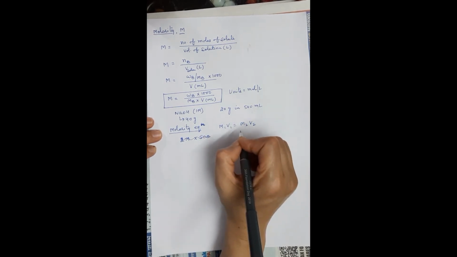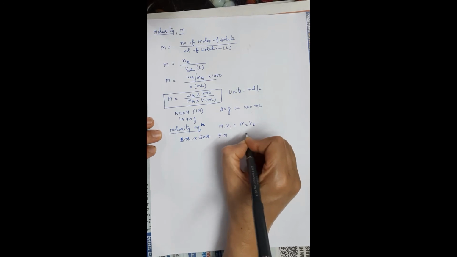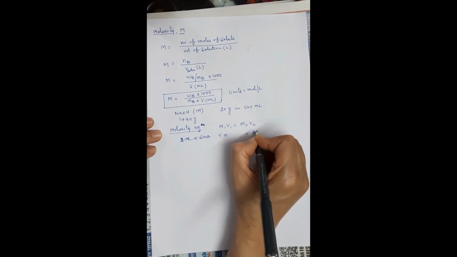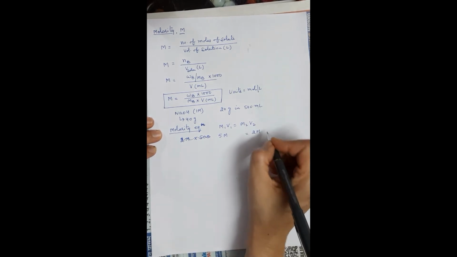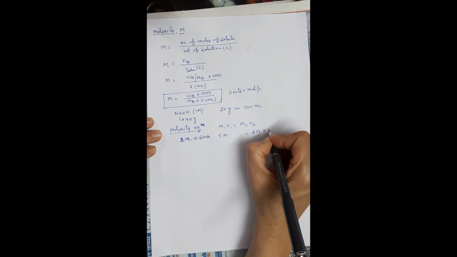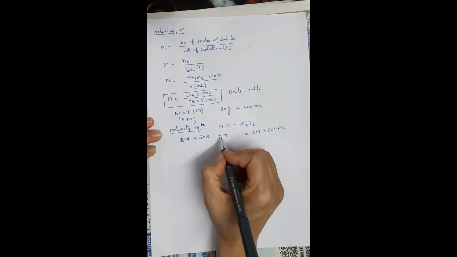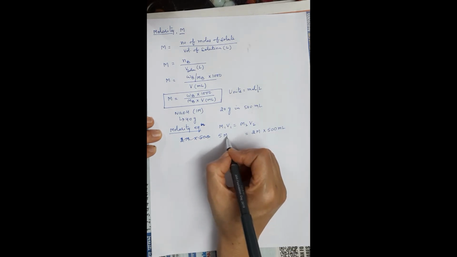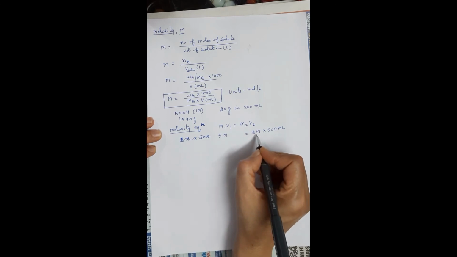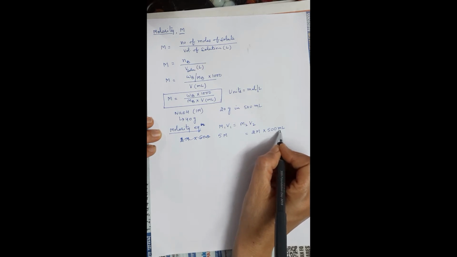What is it? Suppose you have a solution of 5 molar and you want to convert it into 2 molar solution. And how much 2 molar solution do you want to prepare? Maybe you want to prepare 500 ml. What volume of 5 molar solution should be taken so that it may be converted to 2 molar solution and its volume should be 500 ml?